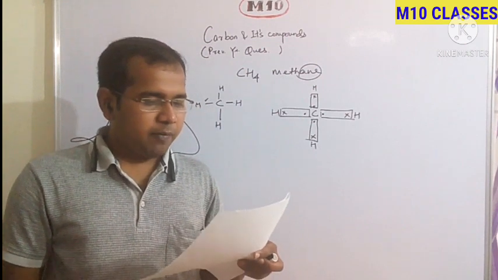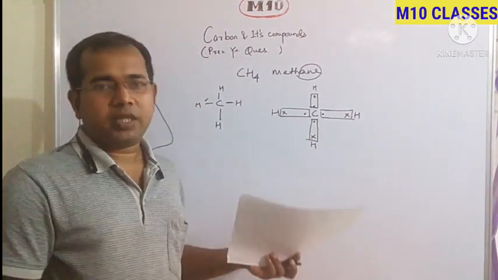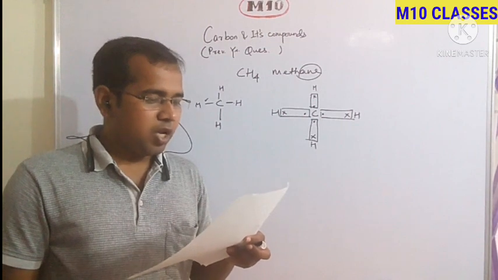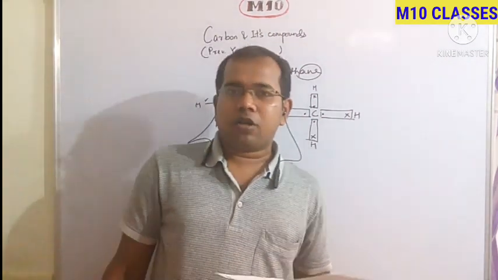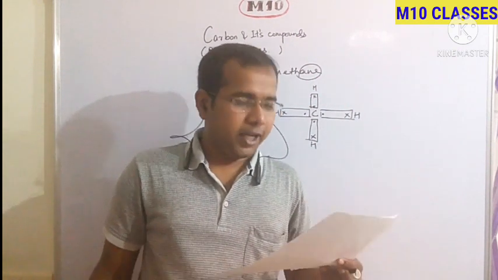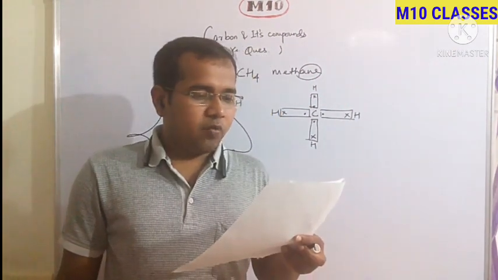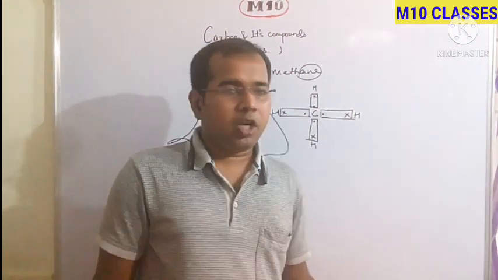Next is, name the type of bond formed in this compound. Simple. These are covalent bonds. Why are these poor conductors of electricity? As I have already told you, they do not conduct electricity because they do not form ions. Why do they have low melting points and boiling points?